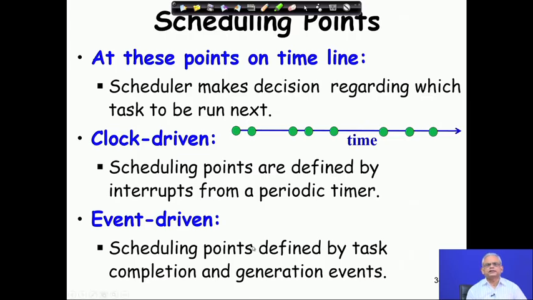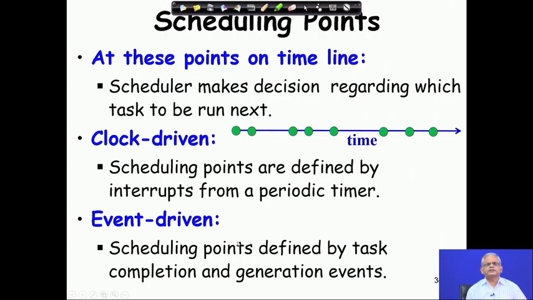So, if some task gets generated, the scheduler becomes active to check whether this new task is to be scheduled right now. And also whenever a task completes, the scheduler becomes active and then decides which task to schedule.